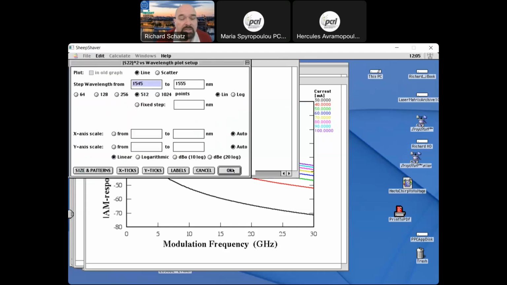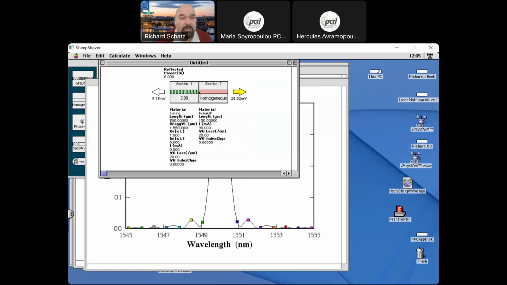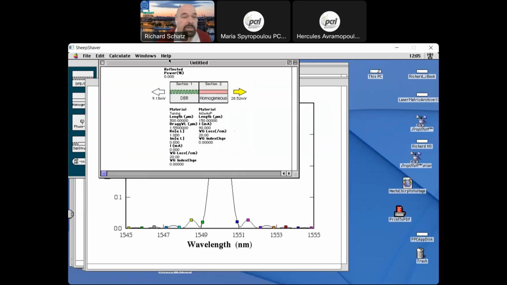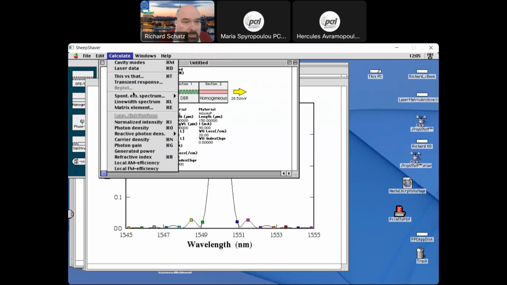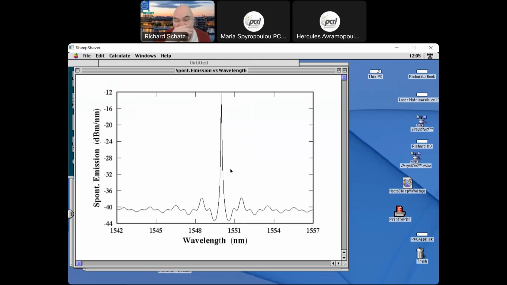So we see we have exactly one mode lasing where we have the reflectivity peak of this grating. The other modes are much suppressed, so we get a nice single mode spectrum. We can look at the spectrum. So here is the spectrum of this DBR laser.